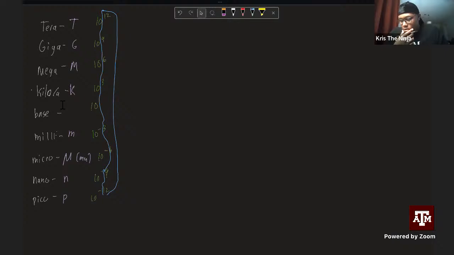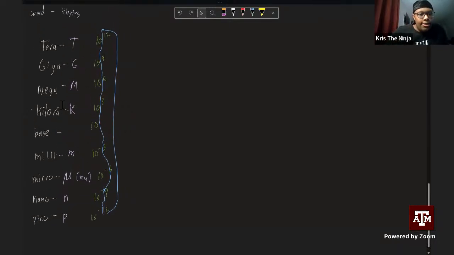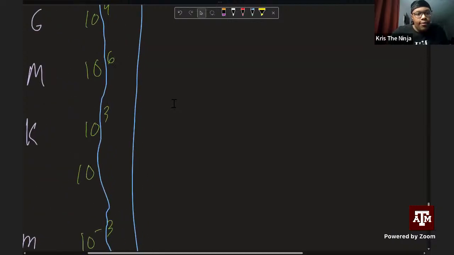Okay, so let's switch gears and get into the other binary-centric forms of counting.